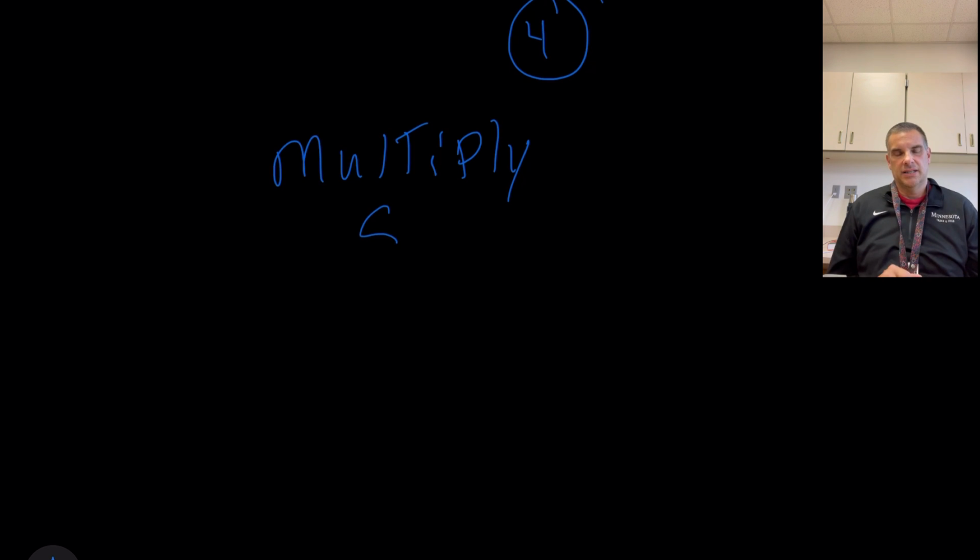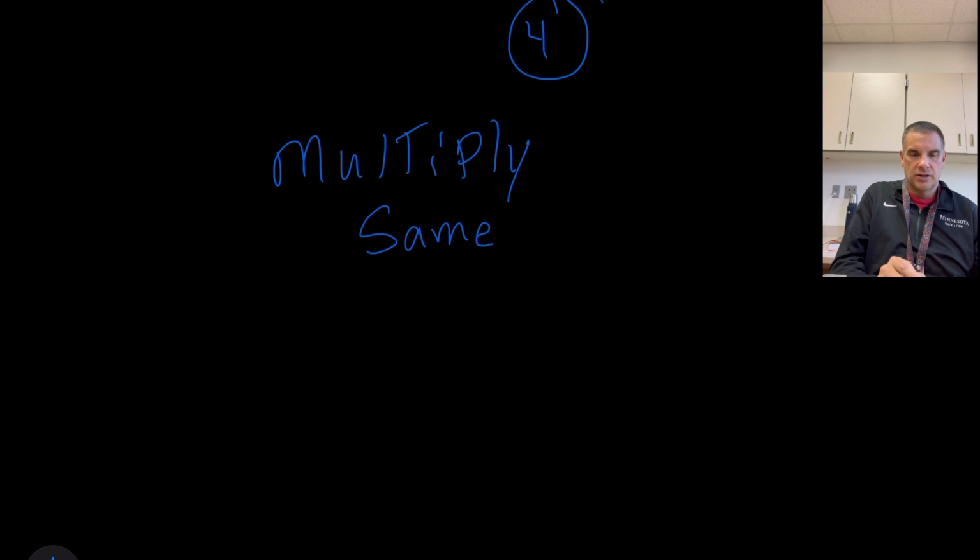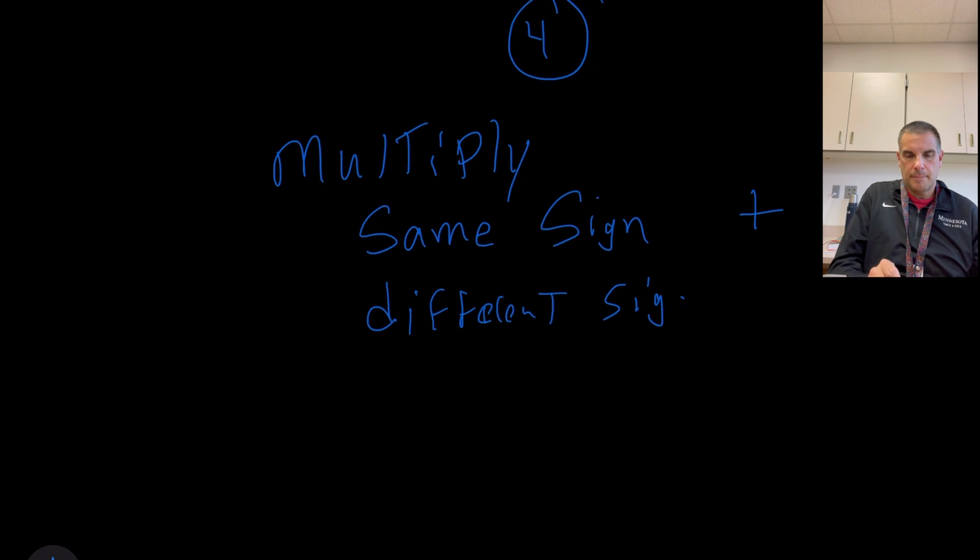All right, so the next thing we're going to do is multiply and divide, essentially. So when you multiply on the number line, remember, if they have the same sign, you're going to have positive, and if they have different signs, it's going to be negative.